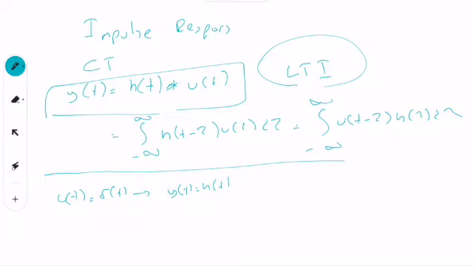However, with a simple modification, we can model linear time varying systems by using a time varying impulse response function. In that case, we cannot talk about this convolution operation, but we can talk about a different integral, from minus infinity to infinity, of h of t comma tau, u of tau, d tau.